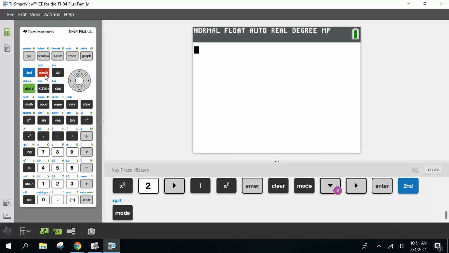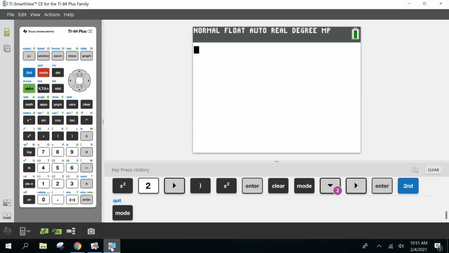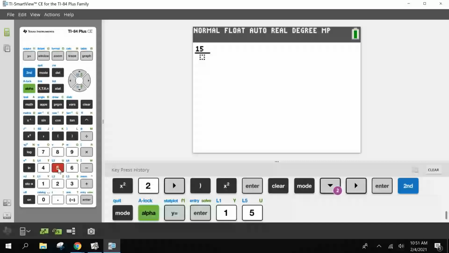Okay? So now let's finish the problem. We're trying to figure out 15 divided by sine of 36. I always put it in a fraction template, but you don't have to. So 15 over, everyone see your buttons now? The new ones we're going to use? Sine, cosine, tangent, right in the middle of your calculator. There are your 3 new buttons we're going to use.